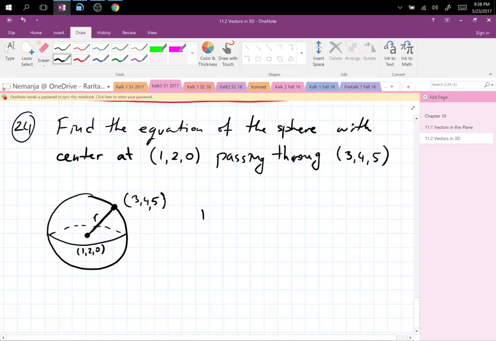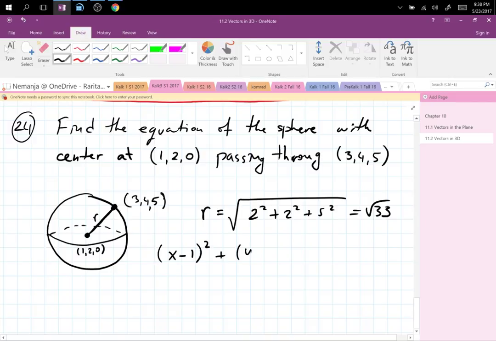The radius will be the square root of 3 minus 1, that's 2 squared, plus 4 minus 2 is another 2 squared, and 5 minus 0 is 5 squared, giving me the square root of 33. So now we have the radius as the square root of 33. The equation will be x minus 1 squared plus y minus 2 squared plus z squared equals the square root of 33 squared, which gives us just 33.